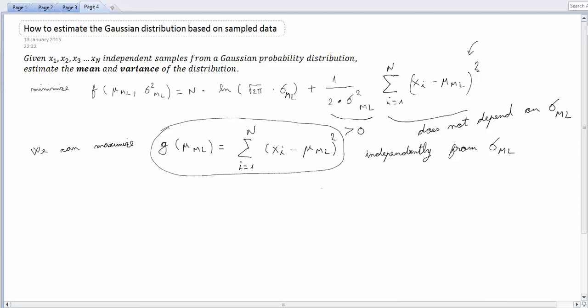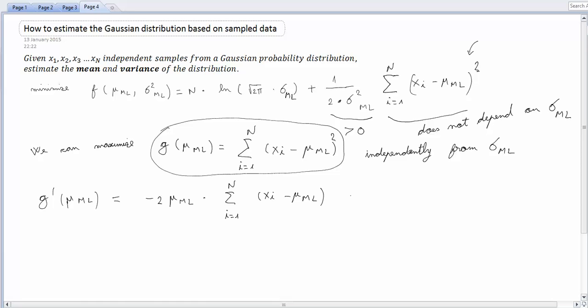I mean, there are other ways. There is actually a more elegant way with inequalities, but we are just going to do it the more straightforward way, which is to take the derivative, and I can just write over here minus 2 mu ml multiplied by the sum from i equals 1 to n of xi minus mu ml.